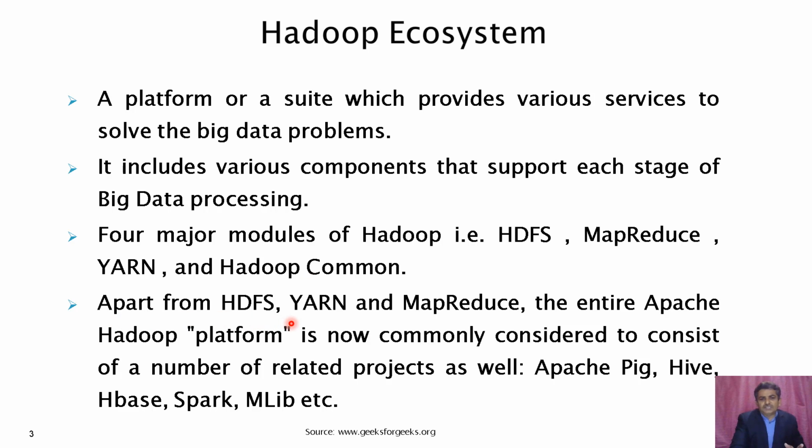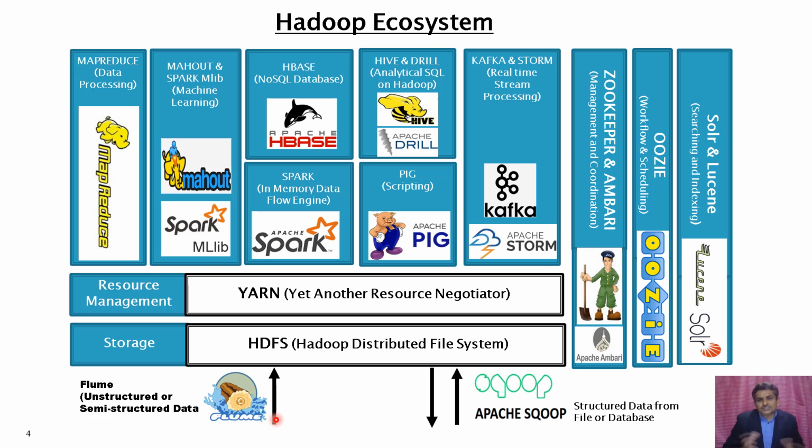Apart from HDFS, Yarn, and MapReduce, the entire Apache Hadoop platform is now commonly considered to consist of a number of related projects as well: Apache Pig, Apache Hive, HBase, Spark, MLlib, etc. This slide shows you the different components of Hadoop ecosystem. I will show you the brief detail of each of the components of Hadoop ecosystem.